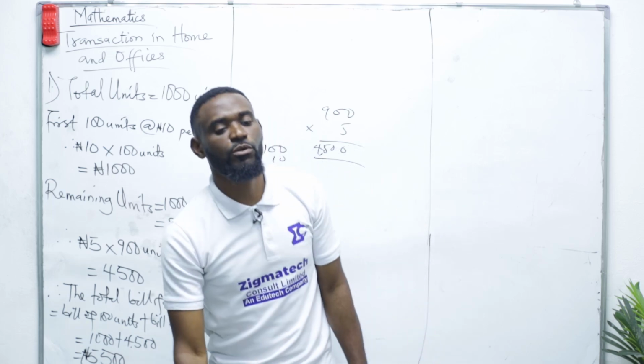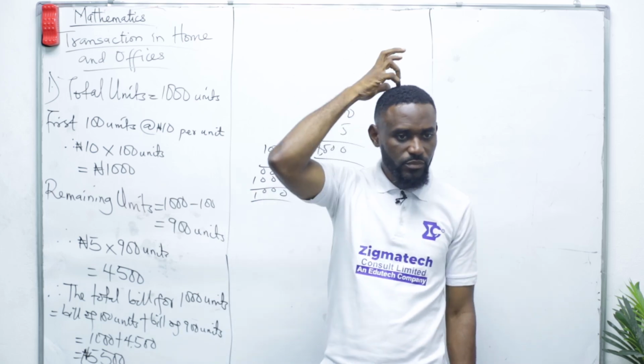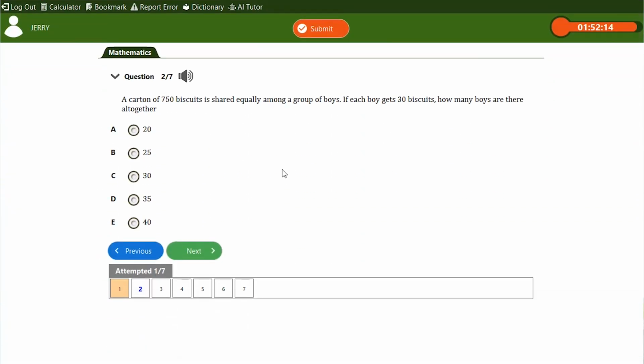So the next thing we're going to look at is a carton of 750. Before we go into that, I hope you understood everything we've done here. If there is any area you don't understand, you can just go back to what we have solved. You can even ask questions in the comment section. We can help treat your question. Okay.